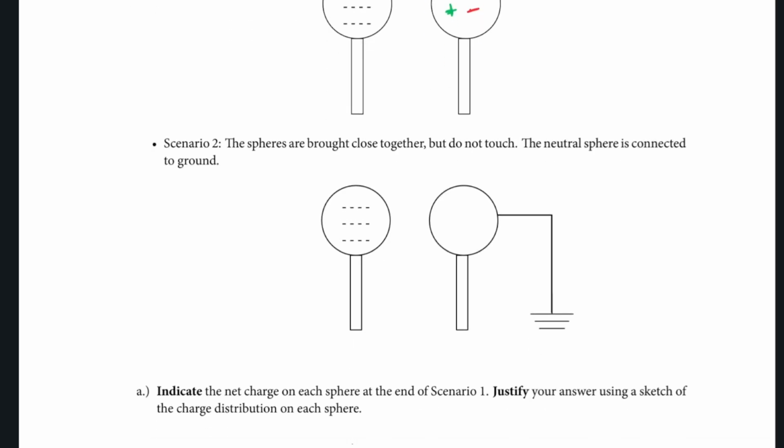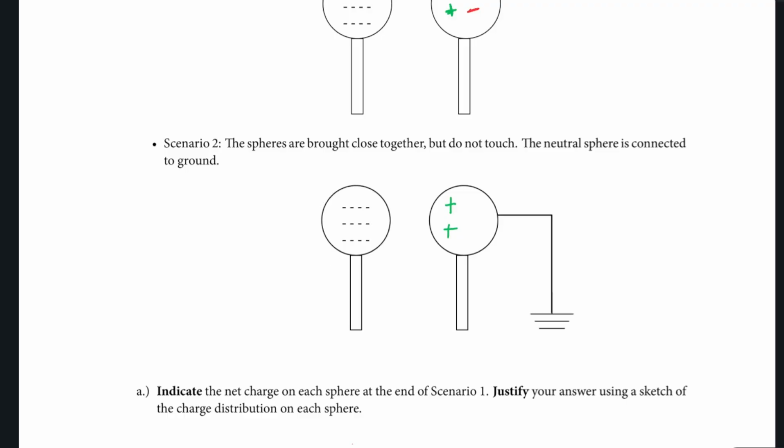But in scenario 2, think about what happens. Let's consider this case from the first problem, where it's polarized. If you give this sphere a ground outlet, that allows the electrons to not just polarize, but to go where they would like, and that is away from the other electrons in the leftward sphere.